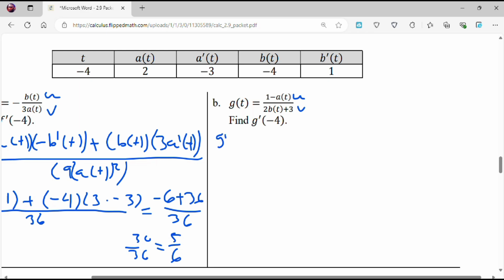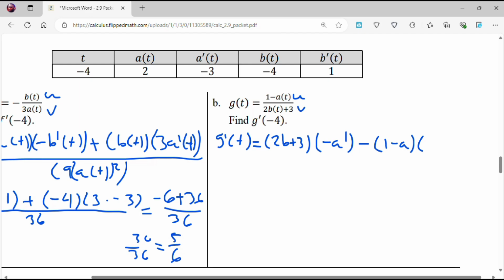So g prime of t equals v, so 2b plus 3 times u prime, so negative a prime, minus 1 minus a times v prime.